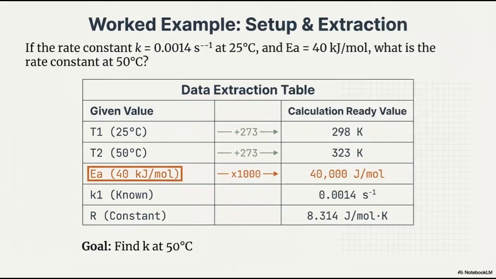To take that natural log out of the way on the left side, I have to take the exponential of the number on the other side. That's a math property. And when you take the exponential of minus 1.2495, you get 0.2866.